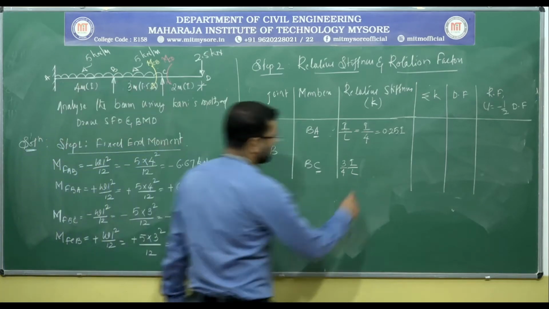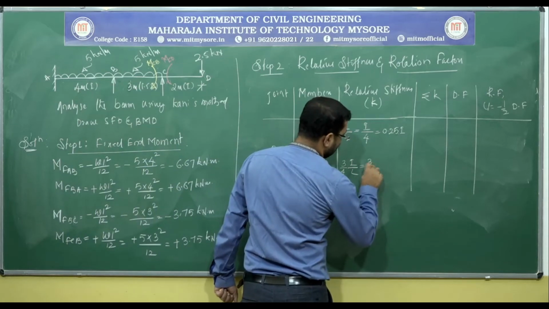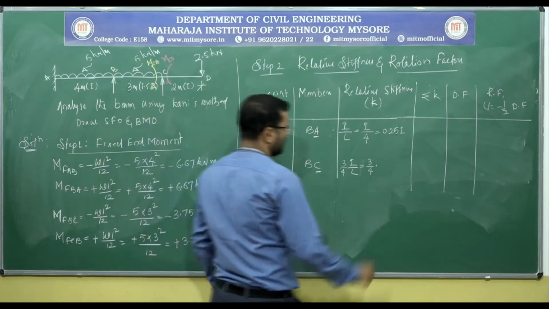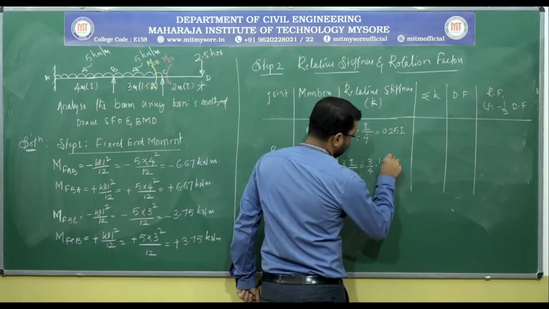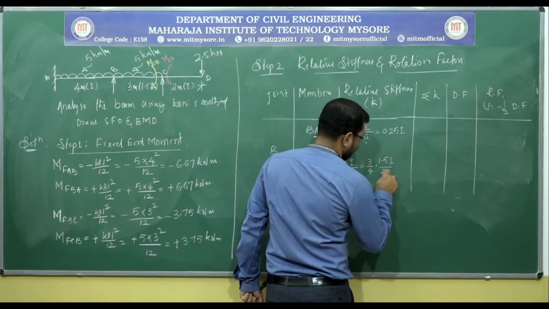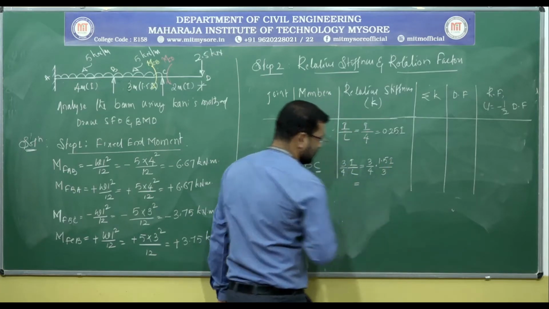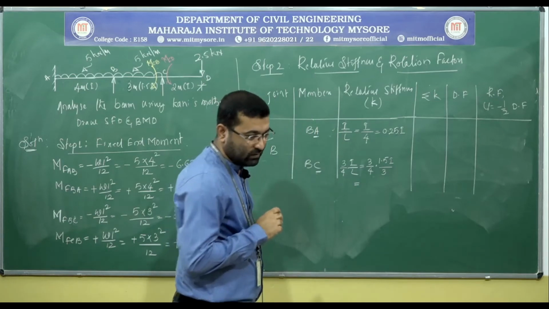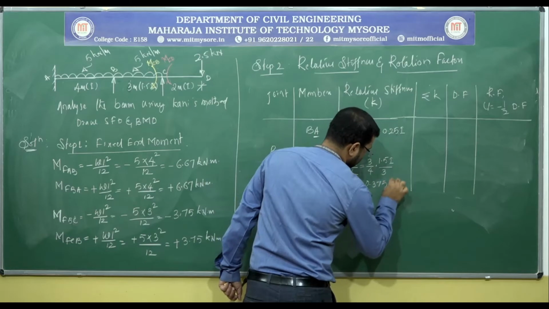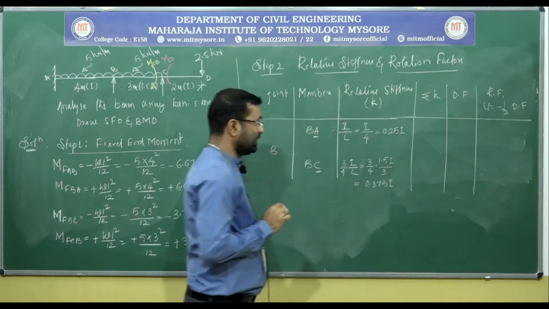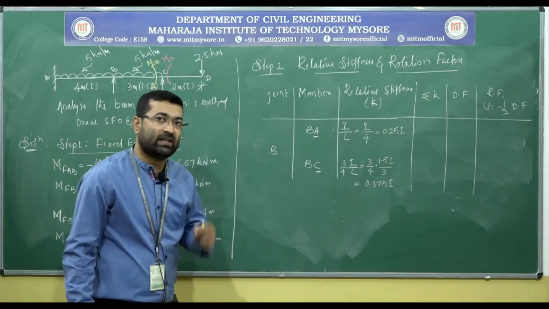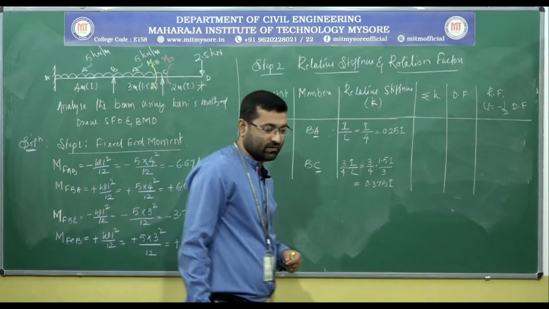So here 3 by 4 into I, here the I value is 1.5 I, 1.5 I divided by L, which is 3 meter. So this gives you a value of 0.375 I. For BA it is 0.25 I and for BC it is 0.375 I as the relative stiffness.